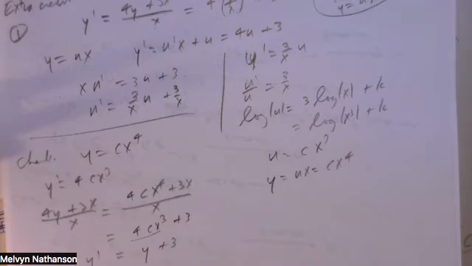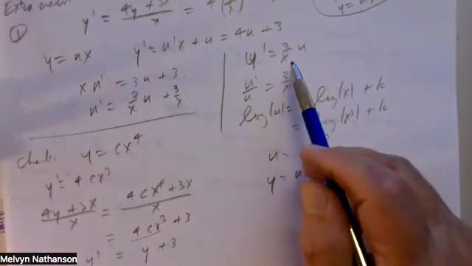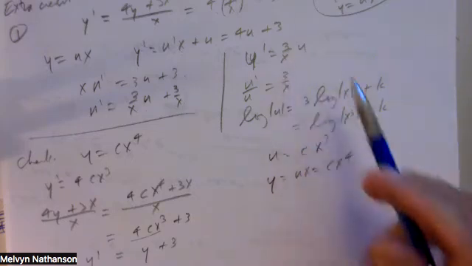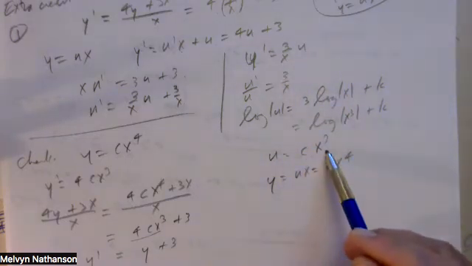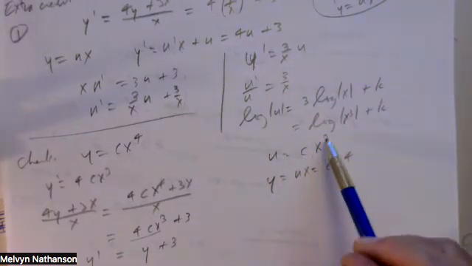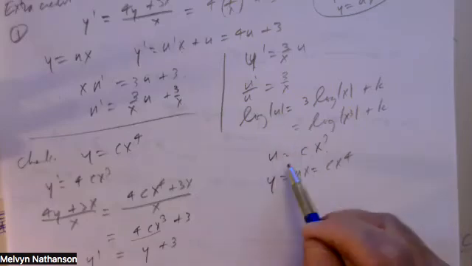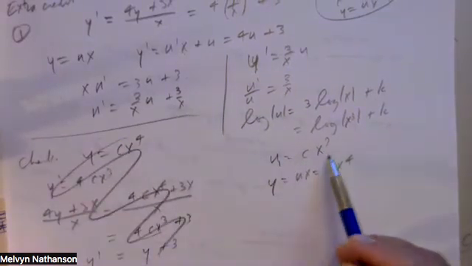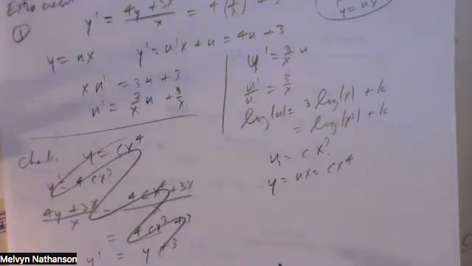I mean, I actually solved this problem in part. This is problem 2. So u prime equals 3 over ux, u equals cx cubed. Let me call this u1. u1 equals cx cubed is a solution of the homogeneous equation.